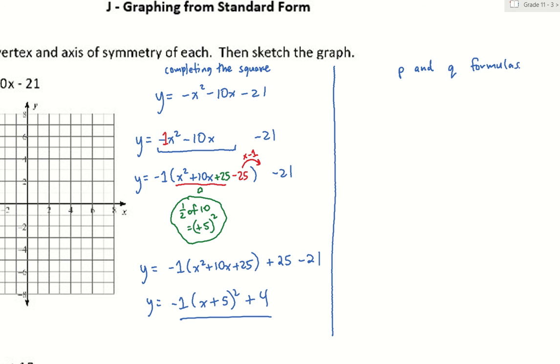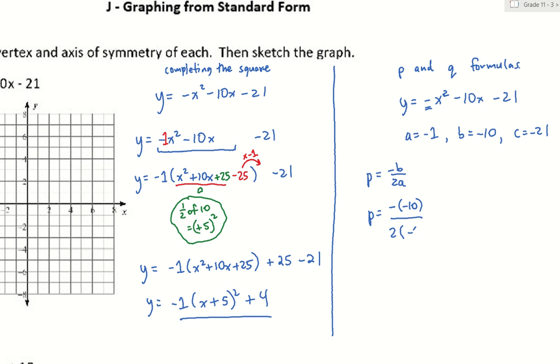All right, so in this quadratic equation, we have A is negative 1, B is negative 10, and C is negative 21. So P is equal to negative B over 2A. So then P is equal to negative, when we plug negative 10 in for B, we get that.